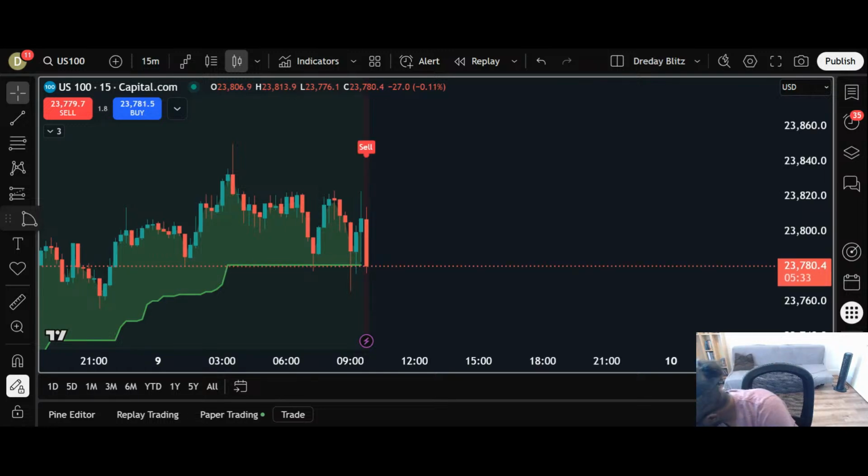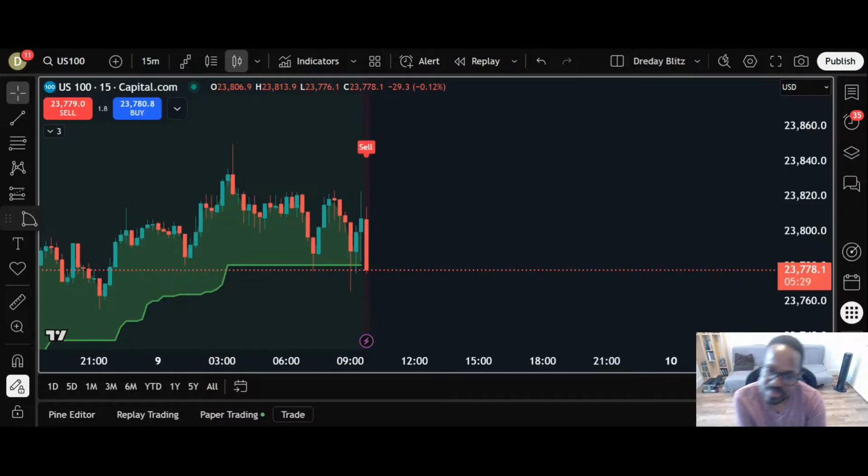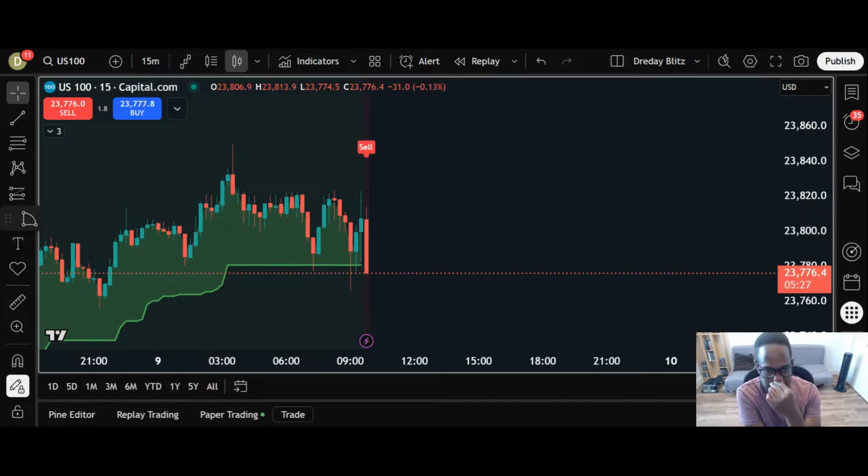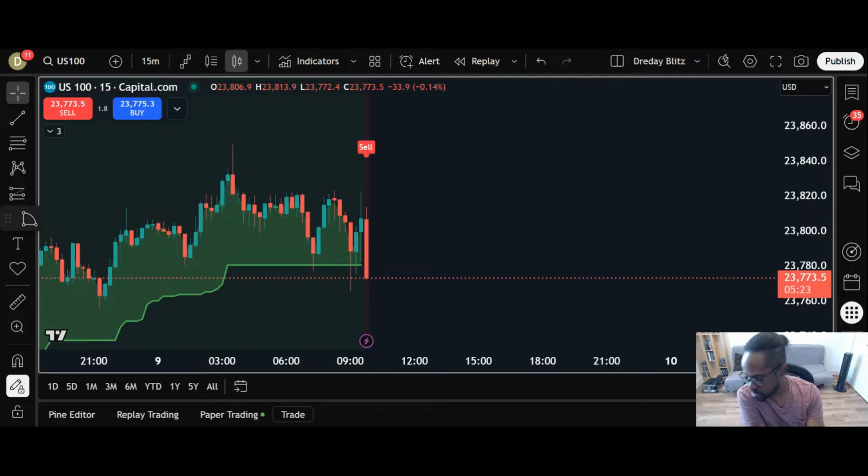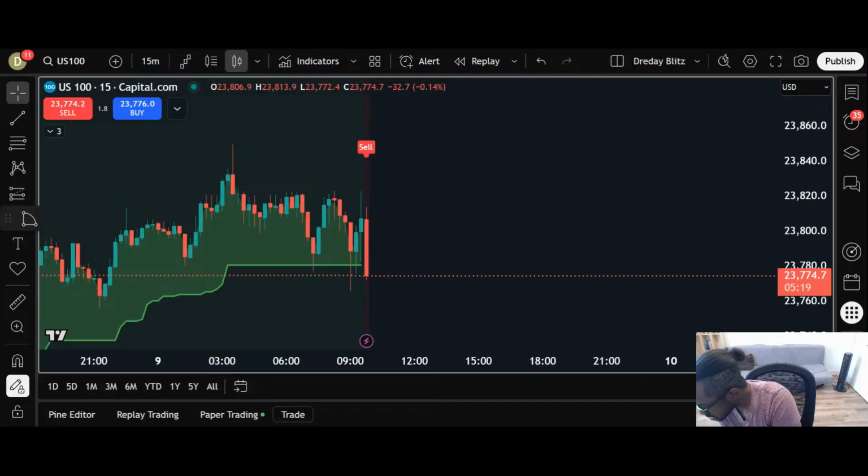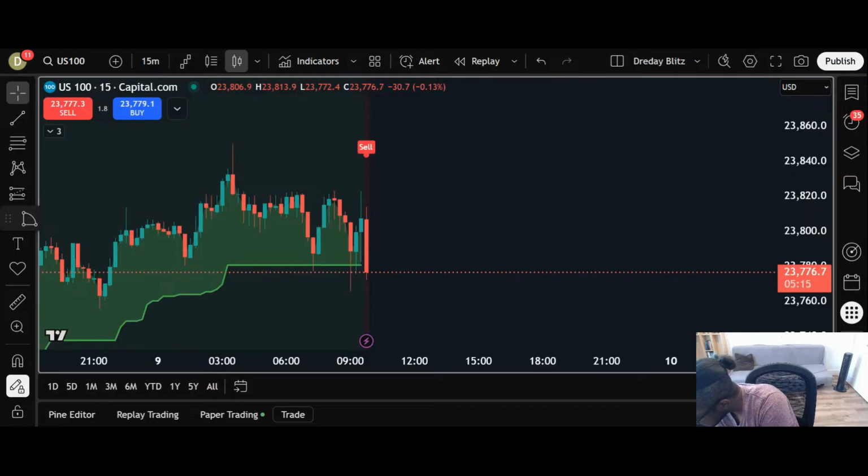So selling US30. All right, perfect. Nasdaq is melting right now. We still have less than 6 minutes before that candle closes to confirm that bearish movement.